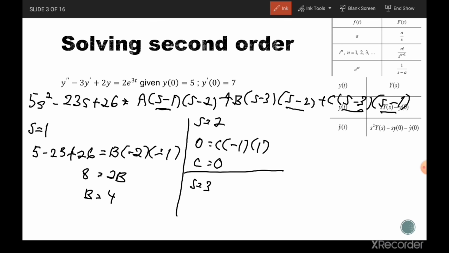Then I want to determine the other value. I use s equal to 3. I want to determine the value for A actually. So A is equal to 1.